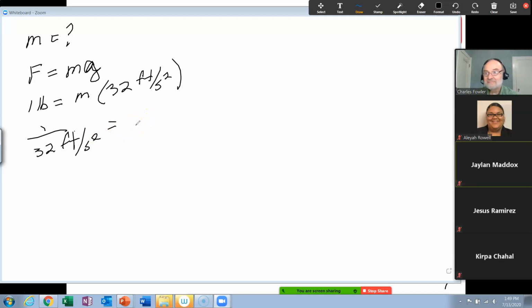That's a pretty straightforward calculation. It takes longer to get the calculator open than it does to do the calculation. 1 divided by 32 is 0.03125 slugs.